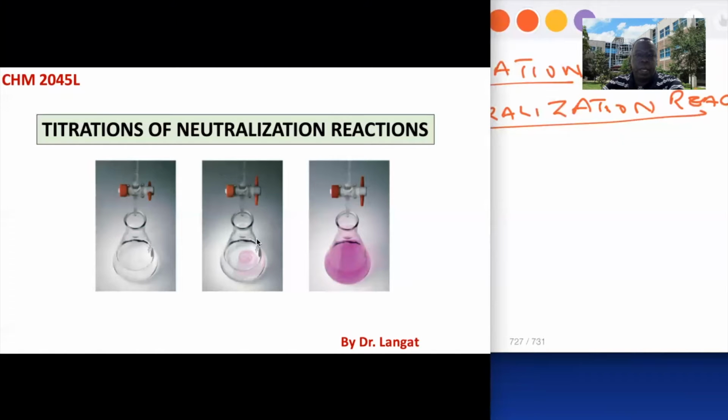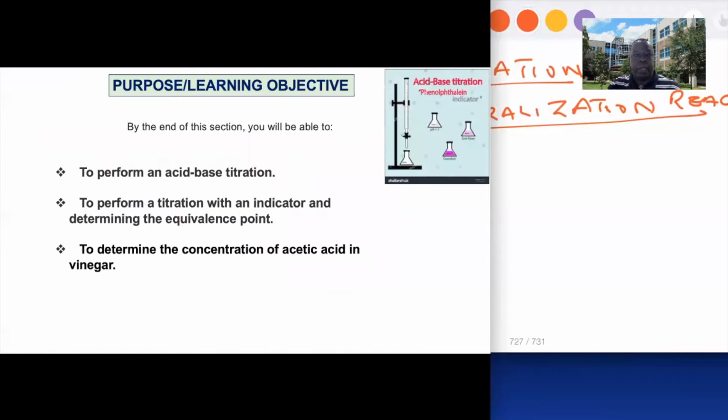An indicator is used in titration to signify the endpoint. Endpoint is a rough estimate of equivalence point. Equivalence point is a point where there is an equal number of moles of the titrant and the analyte. You need to read more about titration indicators in any general Chem 1 lab.